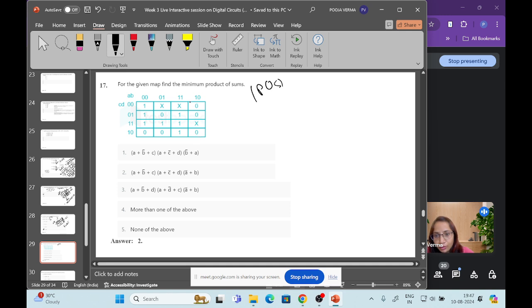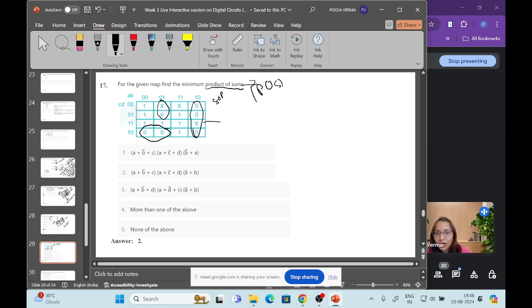We need to check zeros only because the product of sum is given. So we can make one chord here, and where we can make others, these two, right? Here product of sum is given, not SOP, it is POS. So we need to check the zeros only, not ones, and here we can make it.